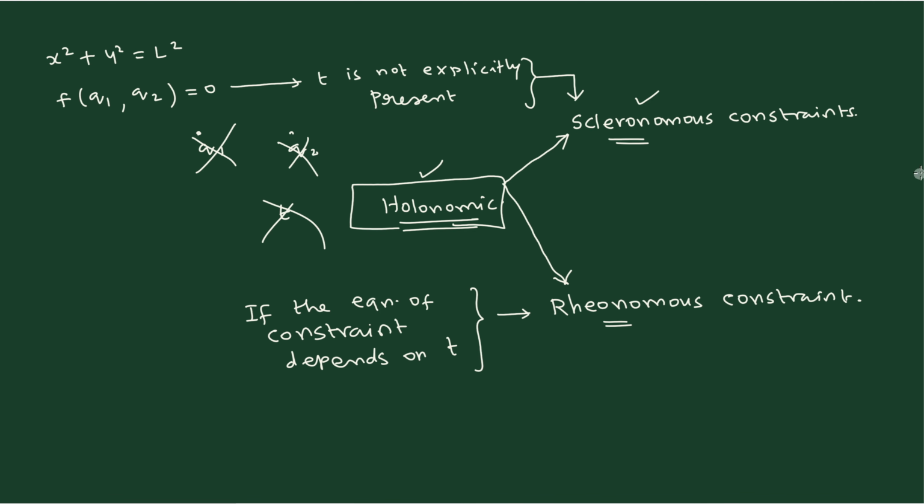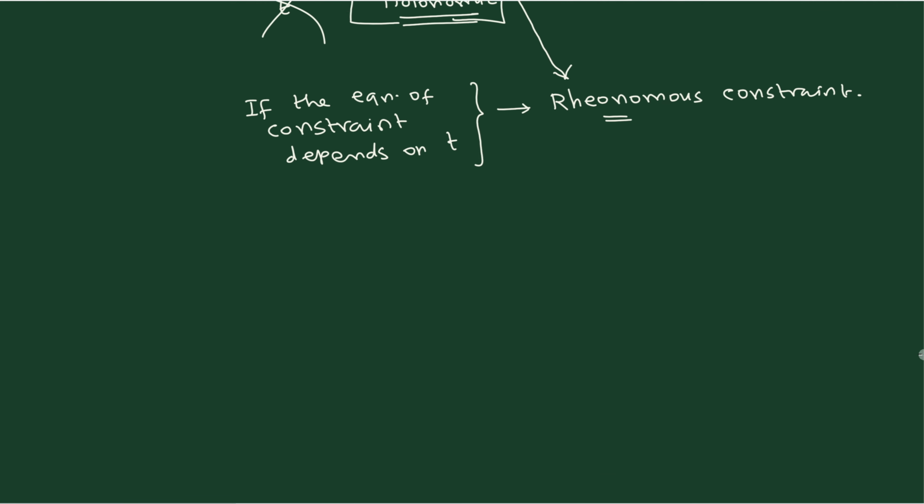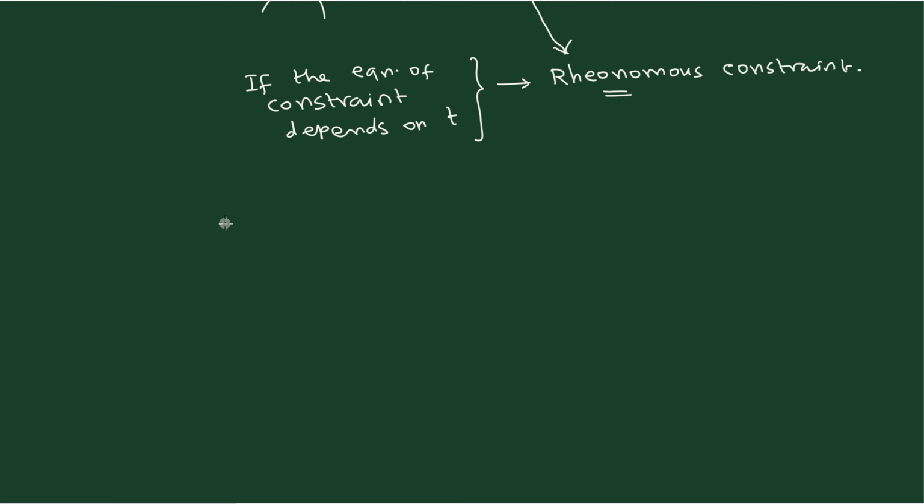So how do you understand a rheonomous system in reality? It is quite simple. All you have to do is take a simple pendulum like this. You take a simple pendulum apparatus, and so this is how you have the configuration for the simple pendulum.